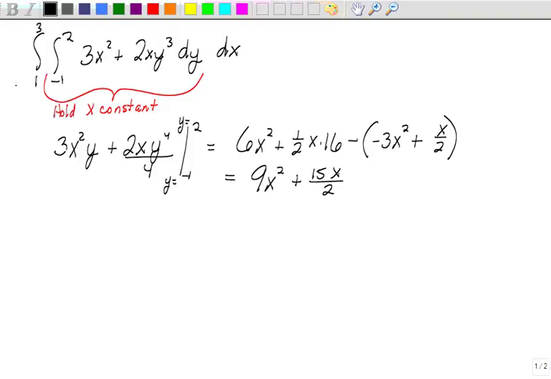Now I'm going to integrate that with respect to x, from x equals 1 to 3.